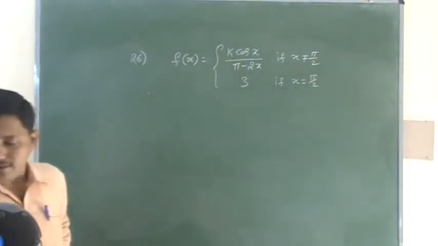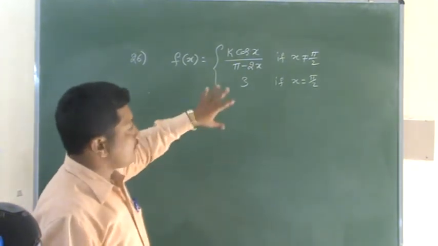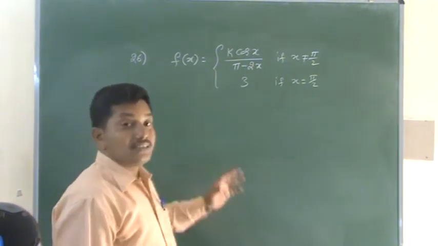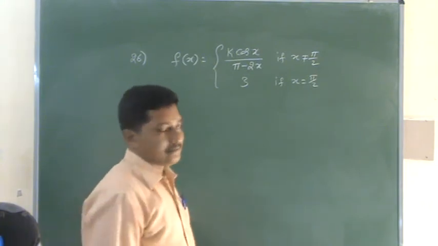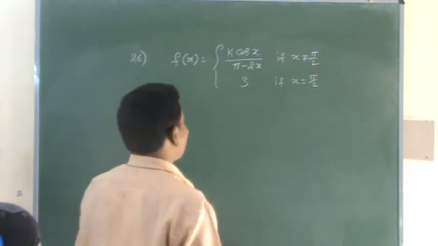Now find the k value. Here the function is continuous at pi by 2. Same way, there is some simplification based on trigonometry. That is the only technique here. The answer is 6. Please note that point.